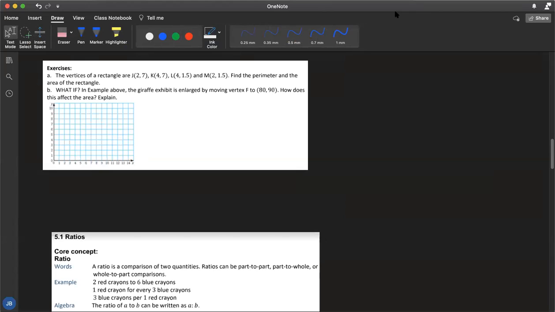Sure. Okay. And then let's see, Maggie, can you find the perimeter of this one? So we'll do Nicole doing the vertices. Maggie will find the perimeter. Does that work, Maggie?